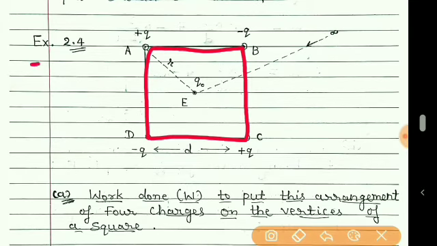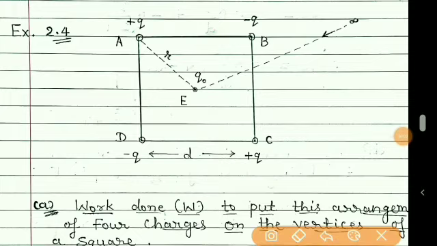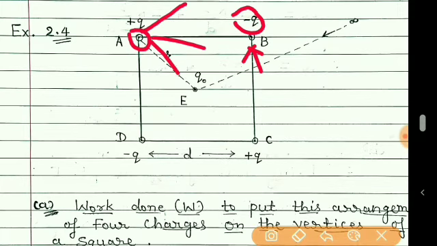Suppose I place the first charge, that is plus q, at the vertex A. Now when I bring this charge plus q, there is nothing around it, and so no work is required to bring this charged particle to point A. But now when I bring this charge minus q to point B, the electric field of the charge which is at point A is already present around it.